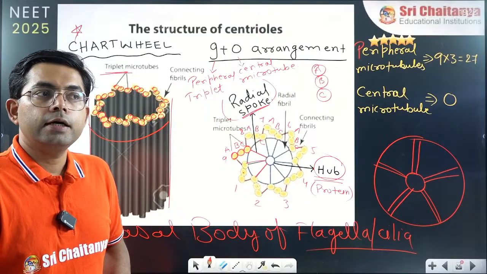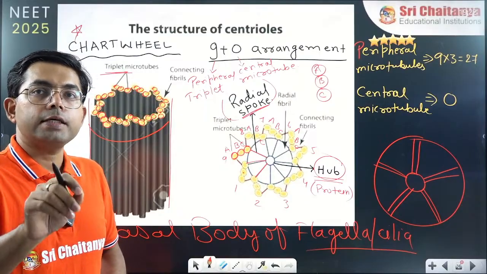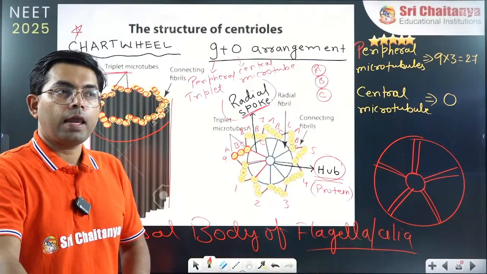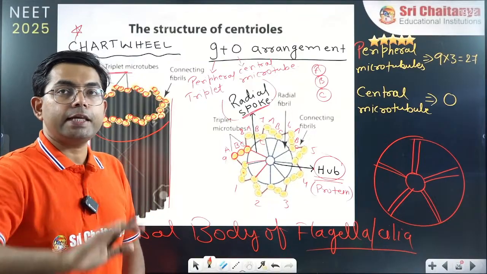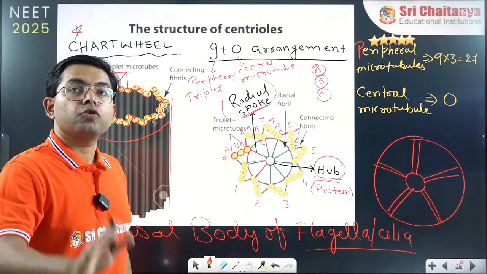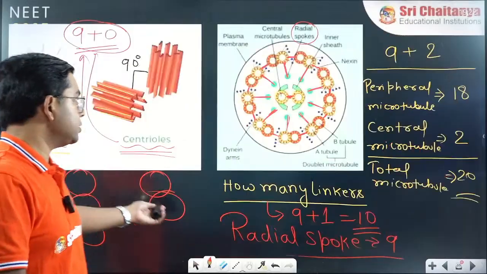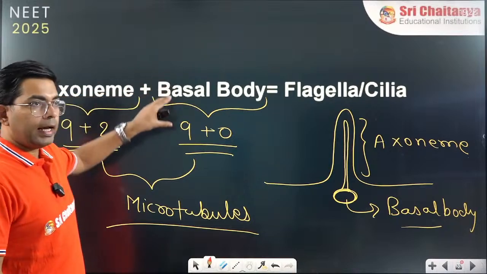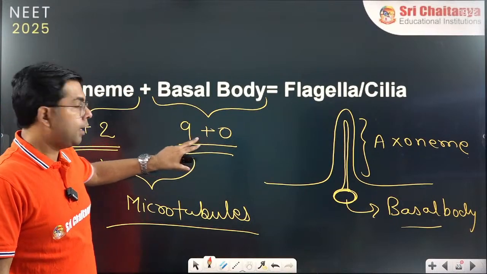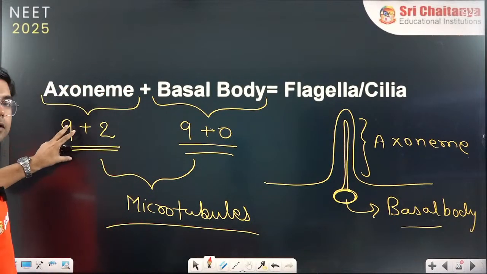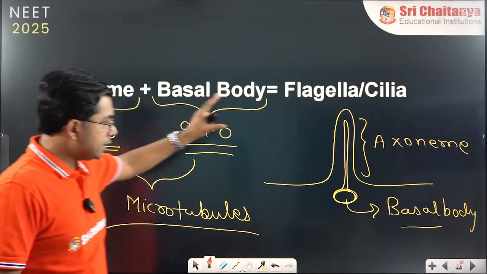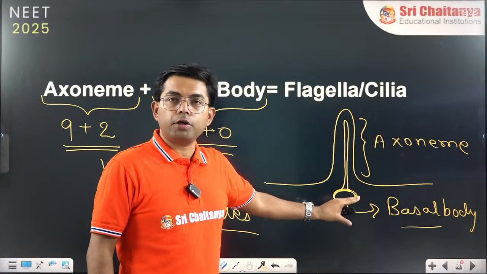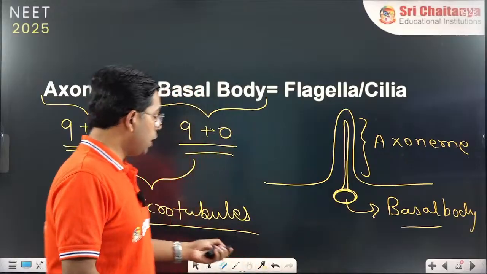It has a 9+0 arrangement. And the axoneme of cilia and flagella has the 9+2 arrangement, which we have discussed here. What is axoneme? What is basal body? Already explained. So now let's move ahead.